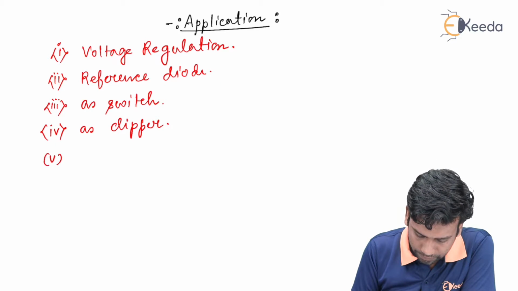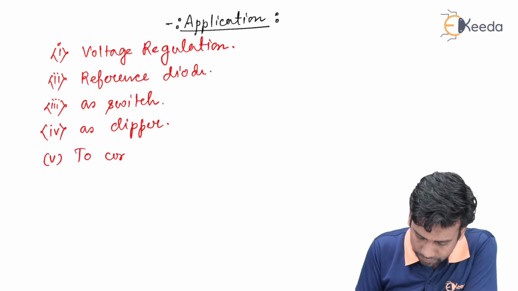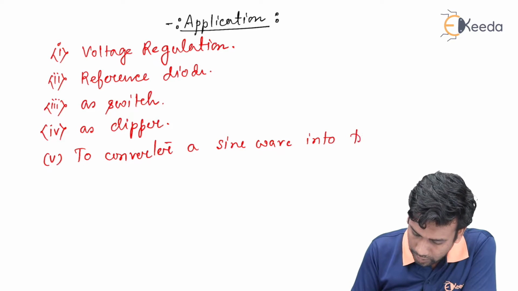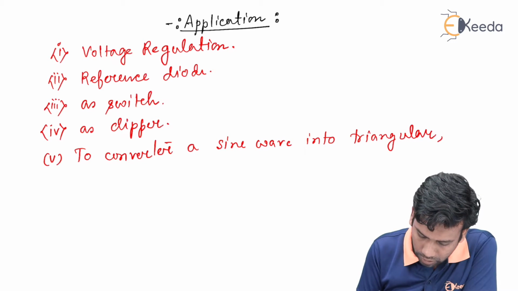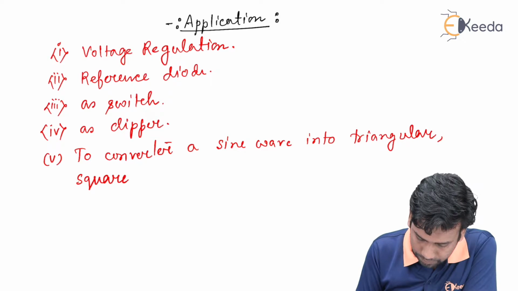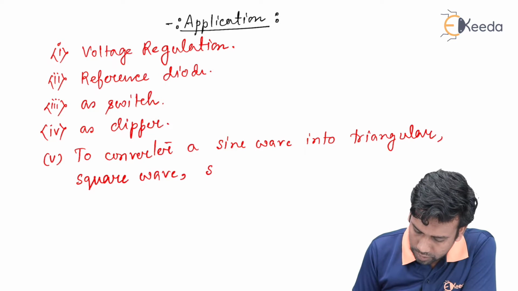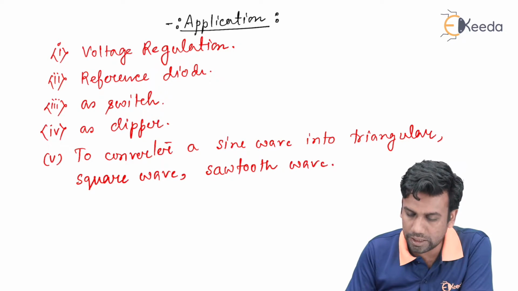And the fifth one is to convert a sine wave into a triangular wave, square wave, or sawtooth wave, which can be done using the Zener diode.